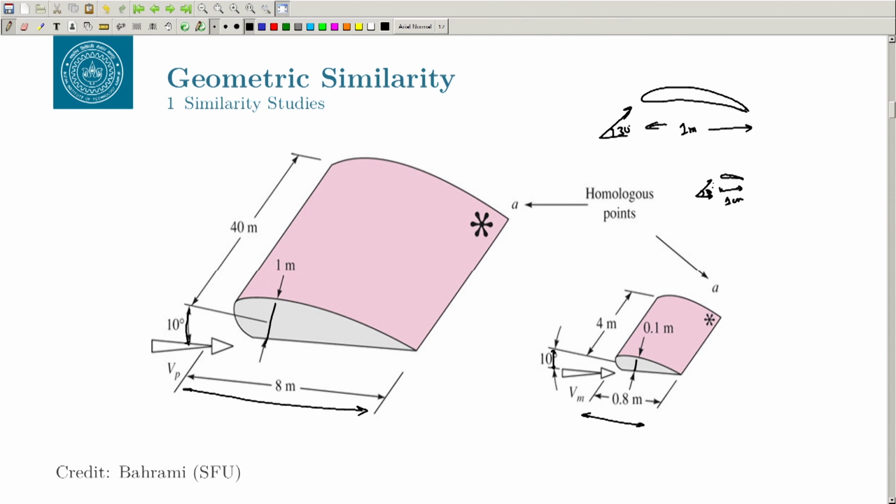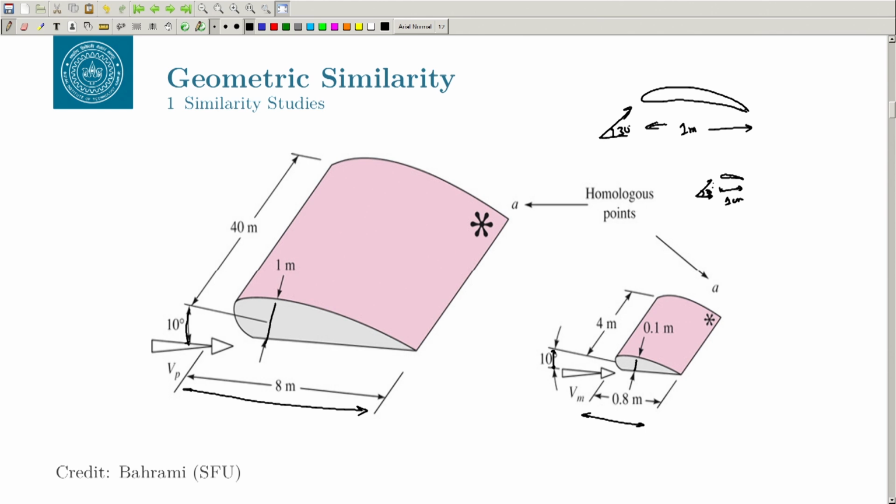We can then talk about the kinematic similarity and the dynamic similarity, but the geometric similarity is the first prerequisite, or precondition, for the kinematic and dynamic similarity. So, now that we have the geometric similarity, that means the model and prototype have the same shape and the model has been scaled by the same factor everywhere in all the dimensions.